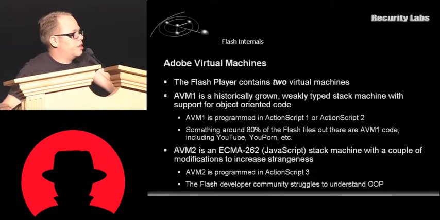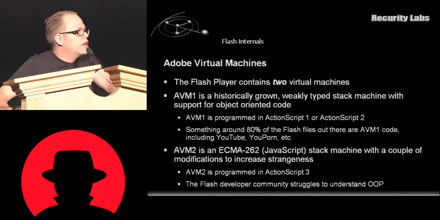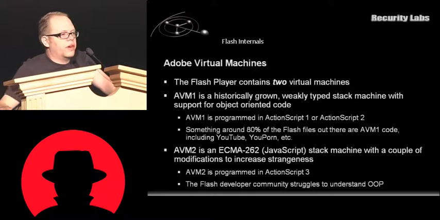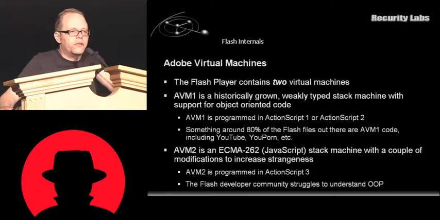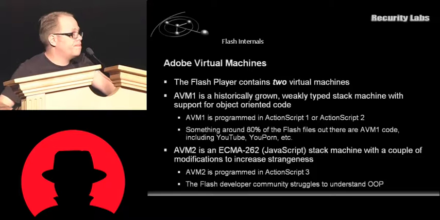AVM 1 is historically grown. We're going to go into the history a little bit. It's a weakly typed stack machine with support for object-oriented code. It's programmed in something that's called ActionScript 1 or 2. And something around 80% of the stuff on the internet is still AVM 1 code.